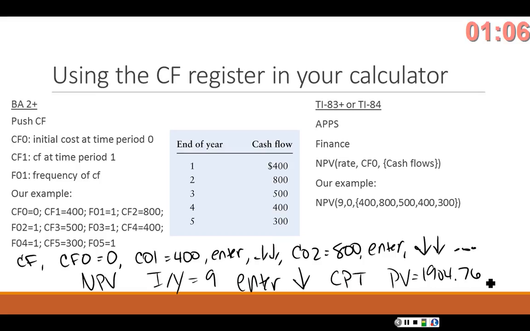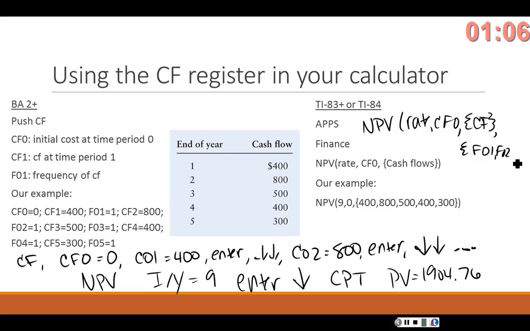So the full way that the NPV button works, if you are familiar with it and wanted to use frequencies: NPV, you enter your rate, cash flow at time period 0, braces, cash flows separated by commas, close braces, comma, braces, frequencies separated by commas.